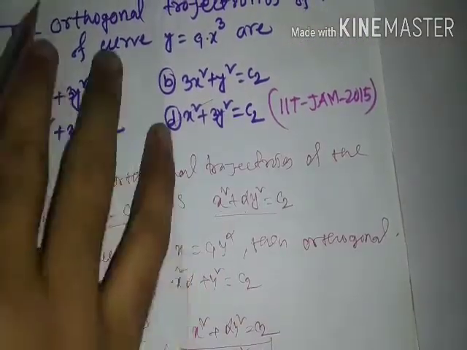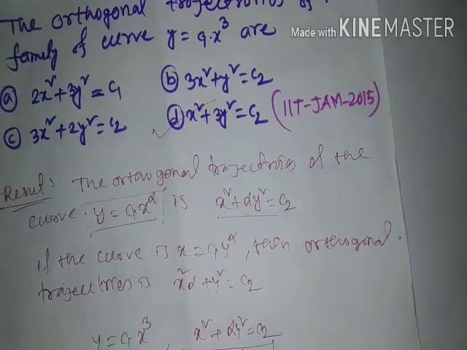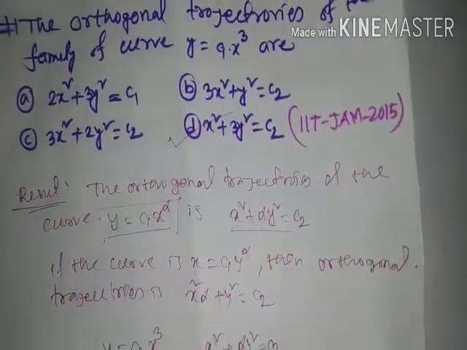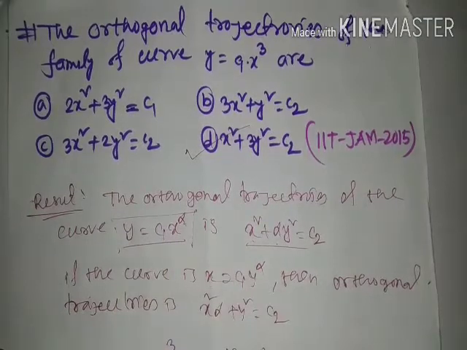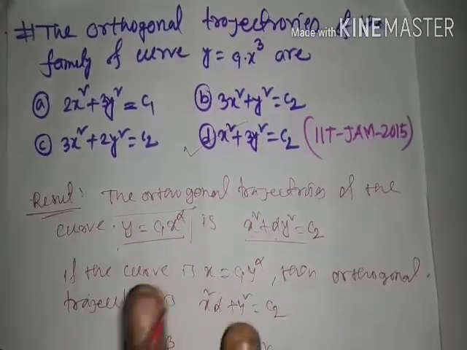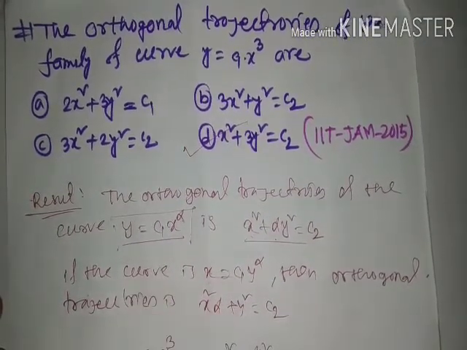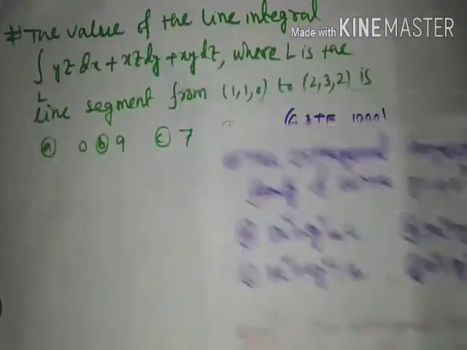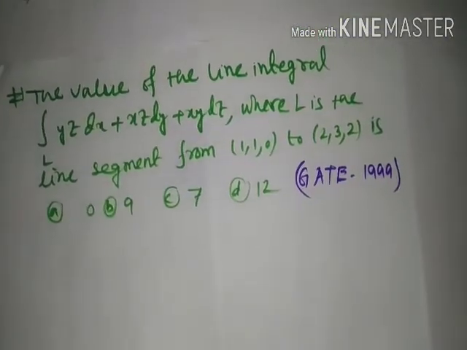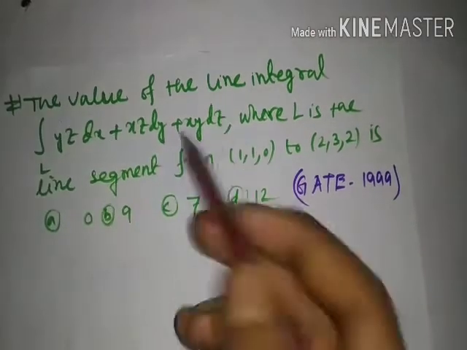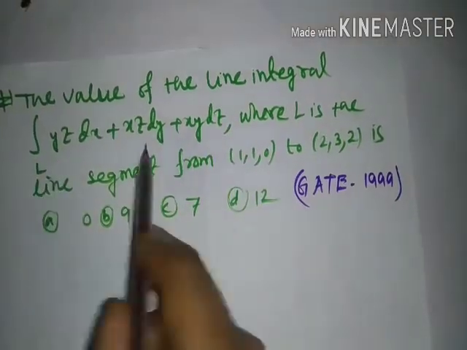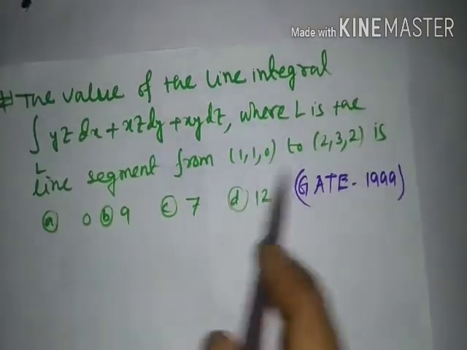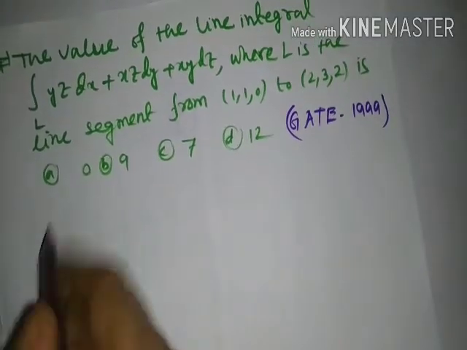If we approach the original way, you can solve it, but that is laborious. It is a simple way. It helps you in the exam hall. So let's see the next question. The value of the line integral along the line segment is, what is given?